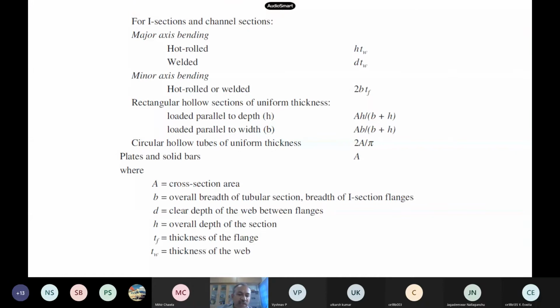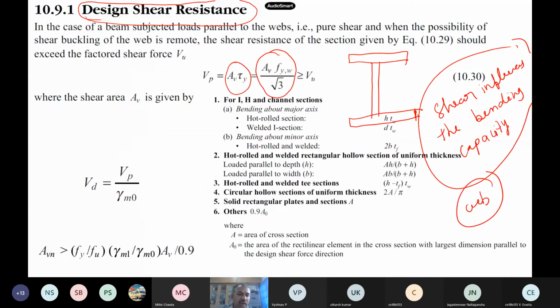H is the overall depth of the section, and you can find the clear depth of the web between the flanges. So you can find the web area based on these expressions, and then you can calculate the shear capacity of your section.